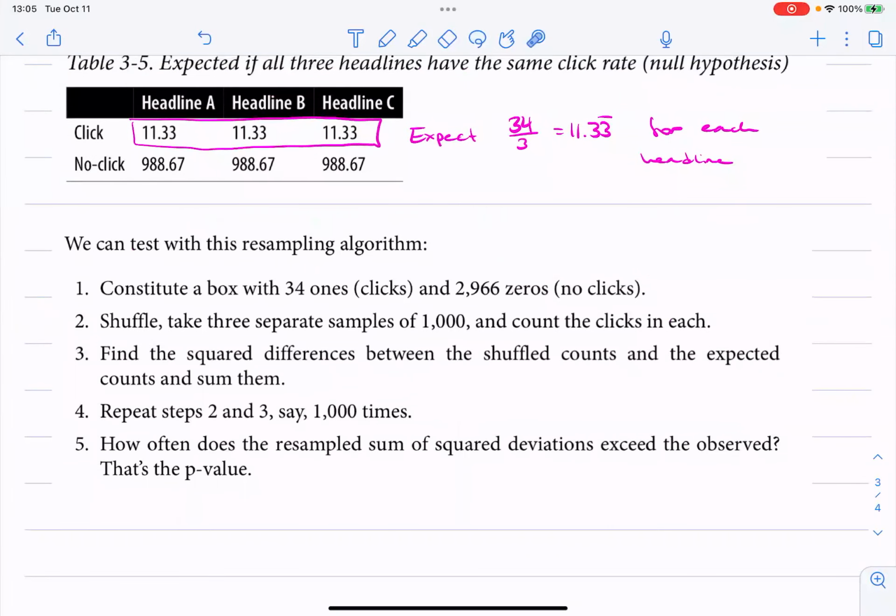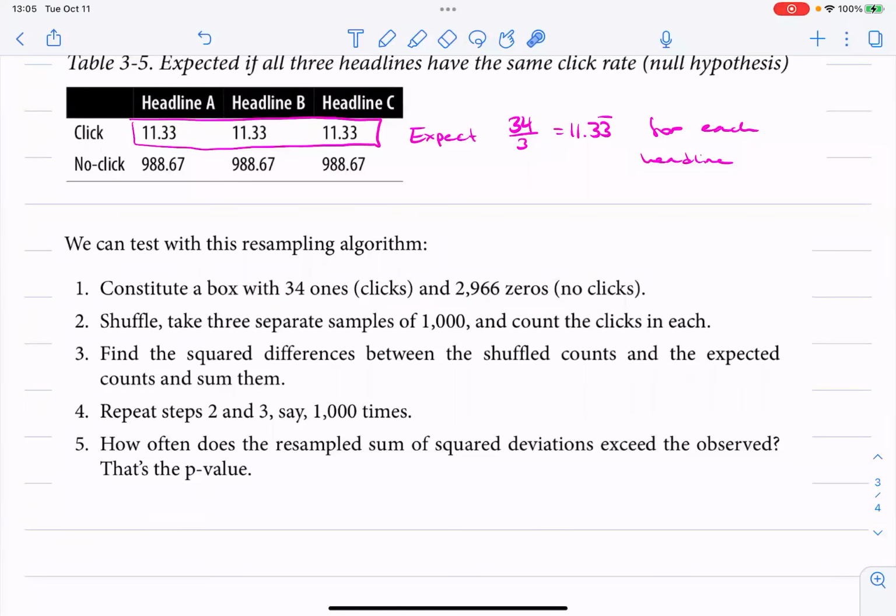So what we're going to do is the same idea as we have been doing. I've got these 3,000 clicks and no clicks, and I know that 34 of them were clicks, so I'm going to call those ones, and everyone else is zeros. So I generate this box of 34 ones and 2,966 zeros. Then I shuffle these and randomly select a sample of 1,000, and group them into 3 groups.